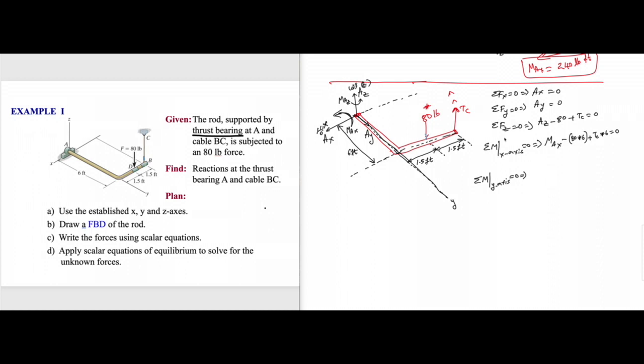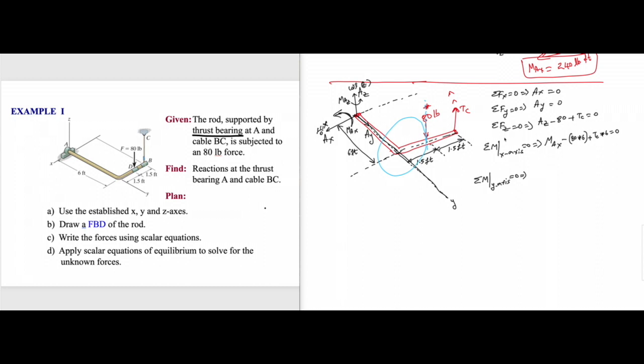What about 80-pound force? With respect to y-axis, what is the distance of 80-pound force? It's 1.5 feet away from y-axis, right? This line is 1.5 feet away from y-axis, and how is it rotating? It's giving a rotational effect, and that would be like that. And what is the direction?